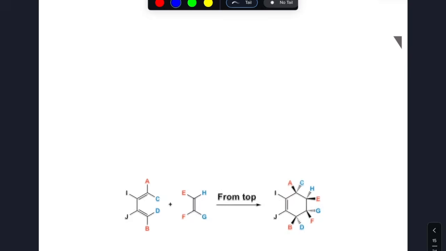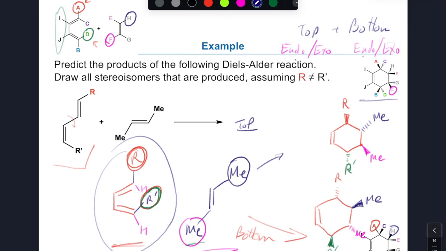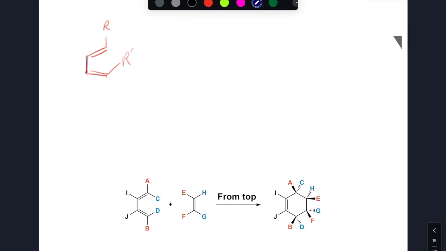Let's imagine drawing out the last two, where, again, let's say our starting material, the diene, was R and R prime. Instead of before, where we showed you what it would look like with this geometry, with this bottom methyl endo relative to that R prime group, what if we drew it in a pancake flip?